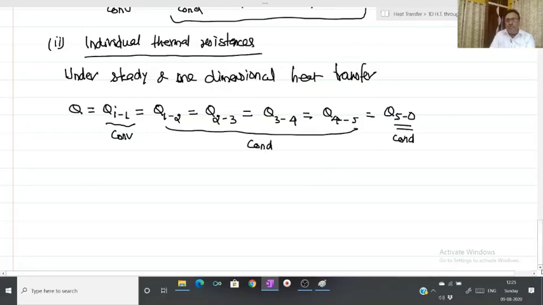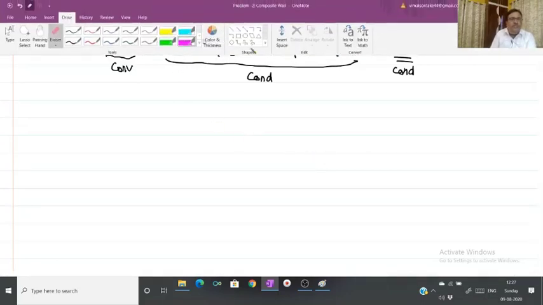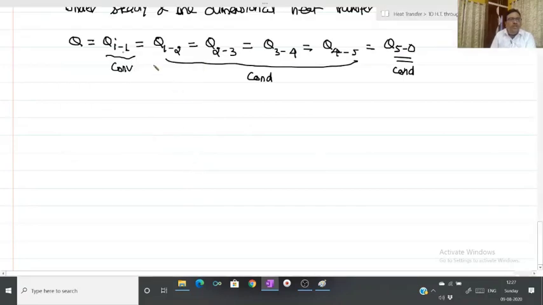So we can recall Fourier's law of heat conduction, because we are considering heat transfer only in one direction. So I have to write the rate of heat transfer equations for QI1, Q12, Q23, Q34, Q45 and Q5O.